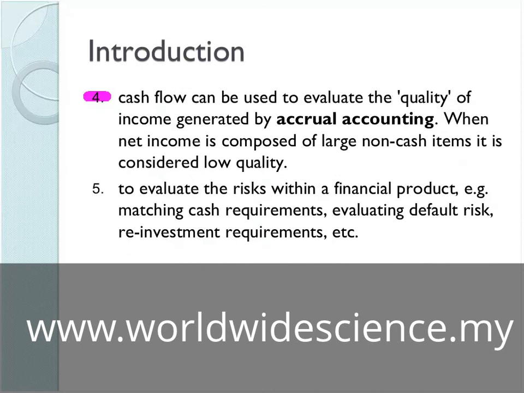The cash flow can be used to evaluate the quality of the income generated by accrual accounting. When the net income is composed of large non-cash items, it is considered low quality. What does that mean? That means you have positive net income, you have profit, right? But this profit is in non-cash items.